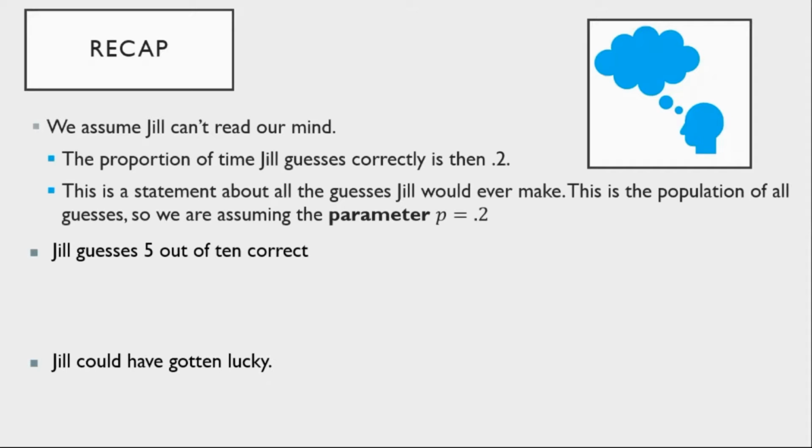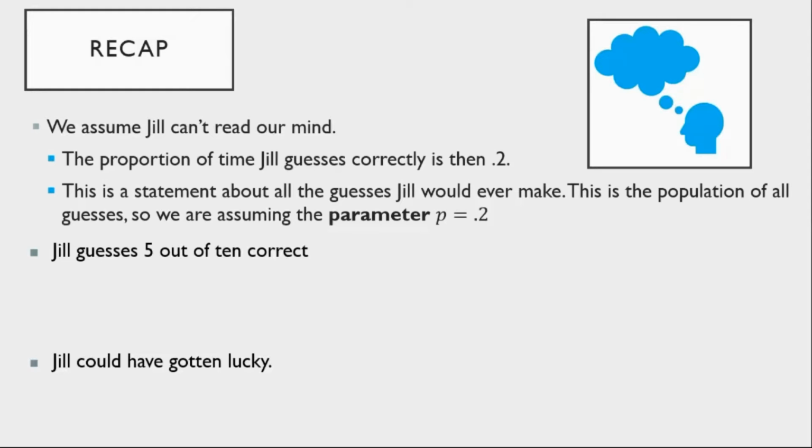We just played the game 10 times, but ideally we could have kept doing this 100, 1,000, 1,000,000 times. This assumption that she can't read our mind is actually a statement about the population of all guesses she would ever take. So this is a statement about the parameter. So we use P to represent that. We say P is equal to 0.2 or 20%.